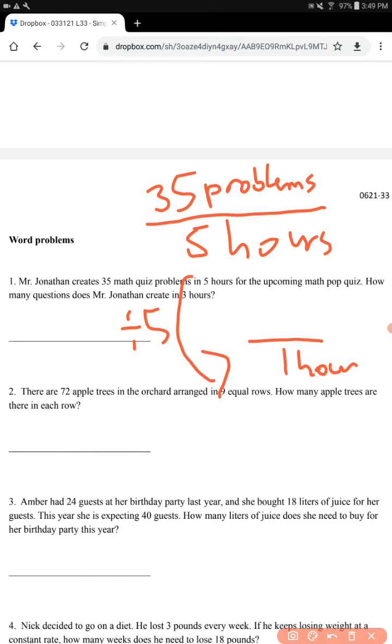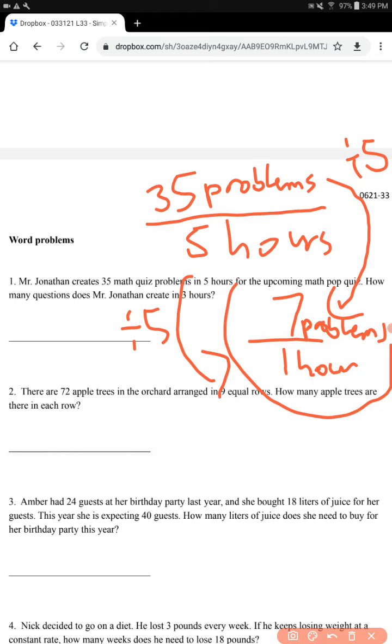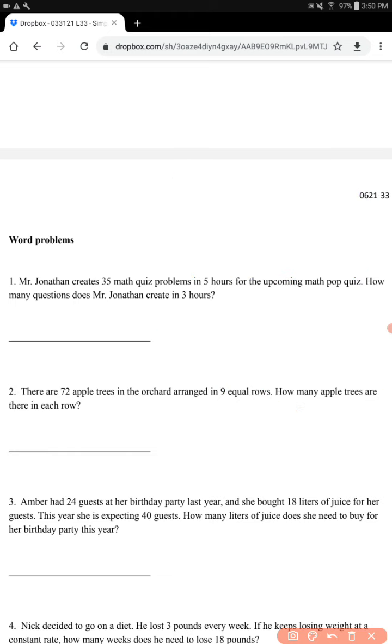So how do we get from 5 to 1? You divide by 5, so we have to divide 35 by 5 as well, and that gets 7. So if Mr. Jonathan does 35 problems in 5 hours, then he would do 7 problems in 1 hour at the same rate. We're just dividing by 5 to get this right here. So Mr. Jonathan can do 7 problems in 1 hour.